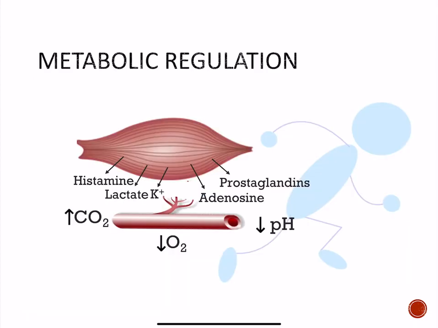So when I talk about local factors, what I'm really talking about is something called metabolic regulation. That means that local metabolism is the trigger for the changes in blood vessel diameter. And this is so cool to me because we're going to talk a lot more about cellular metabolism in this class.